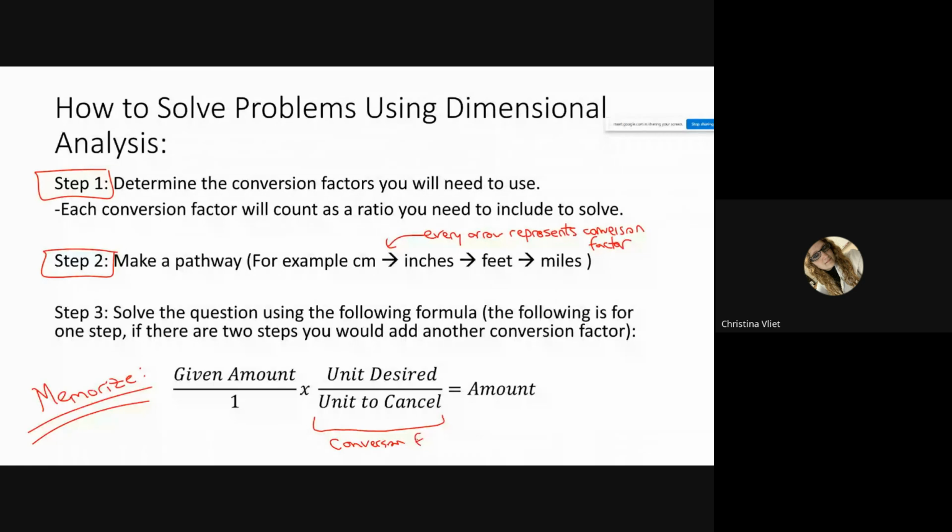The unit you want to cancel goes on the bottom, if the unit here is on the top, and the unit you desire goes on the top. Then you use whatever strategy you want math-wise. You can multiply everything across to the top, multiply everything across to the bottom, and then you come up with your final amount, the same way that I showed you in the warm-up exercise earlier. So the strategy applies here.